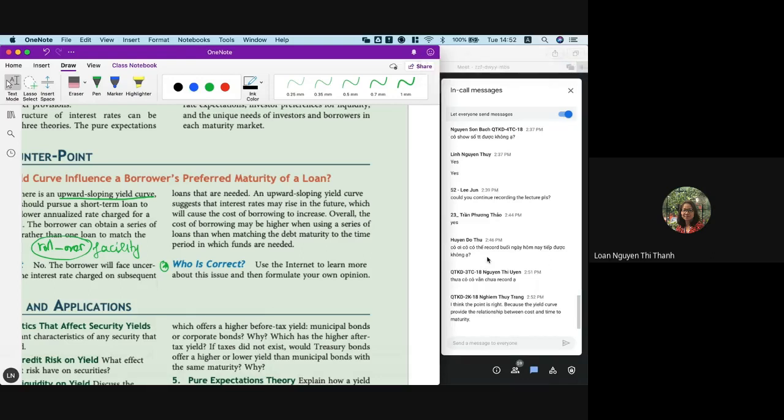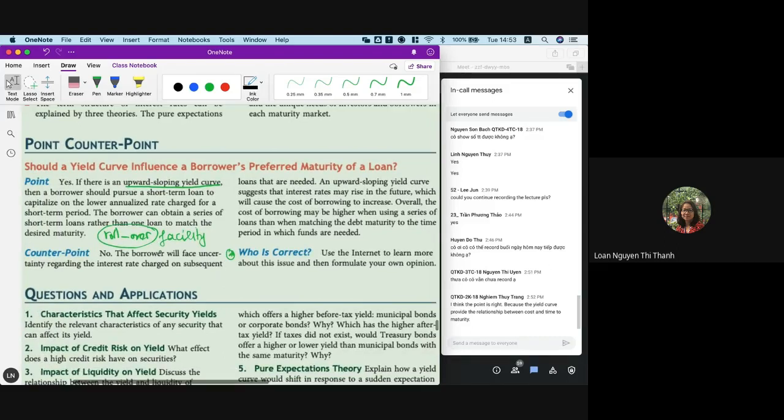The point is right because the yield curve provides a relationship between cost and time to maturity. It points out the maturity and the yield. Yeah, the time to maturity and the yield.